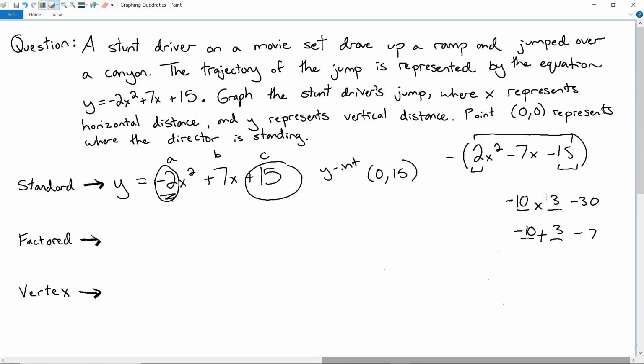Okay. But now, instead of just plugging these numbers straight into my final form, I need to break down my b term into these two numbers. And here's what that's going to look like.